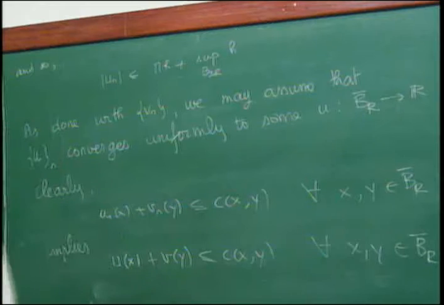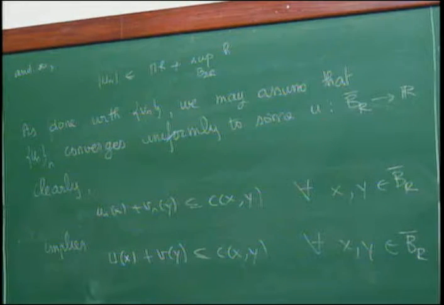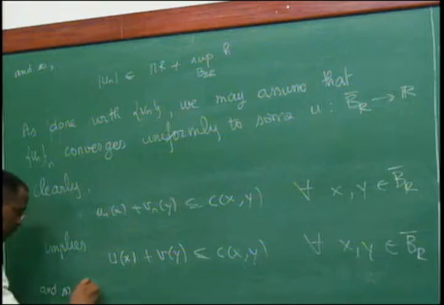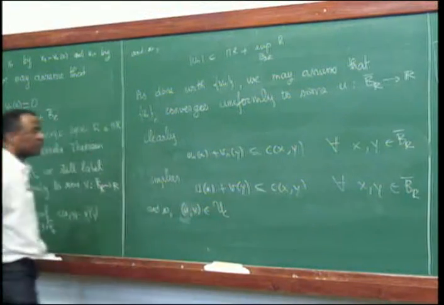So passing to the limit, I have uniform convergence, therefore I have pointwise convergence. And so (u, v) is in UC.